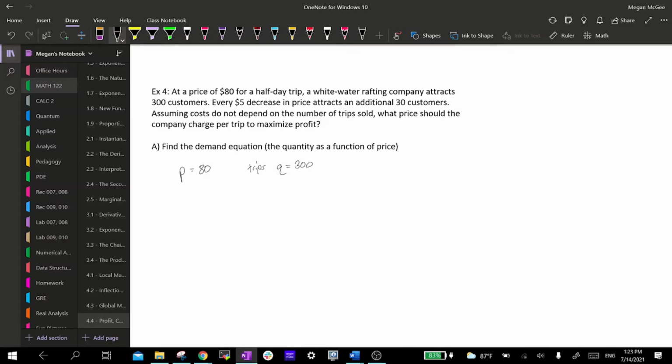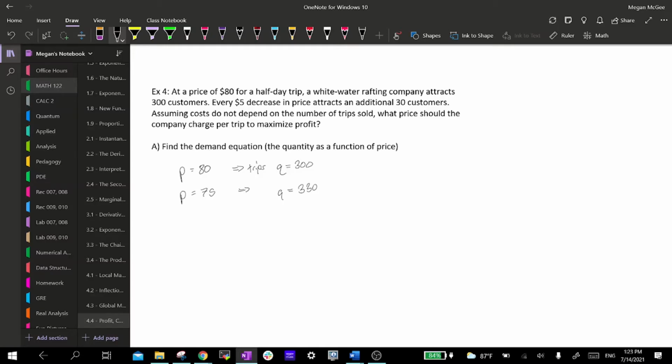The decrease in the price is constant, $5 every time. So if the price is $75, we gain 30 customers, so we'll have 330 customers.